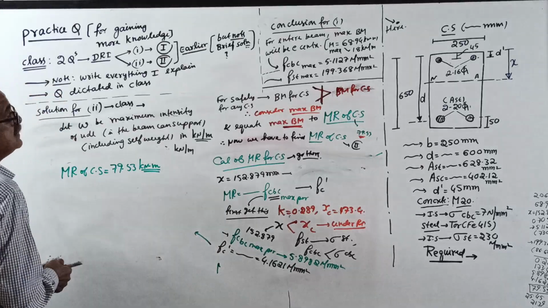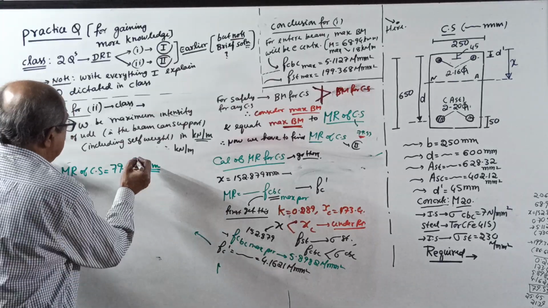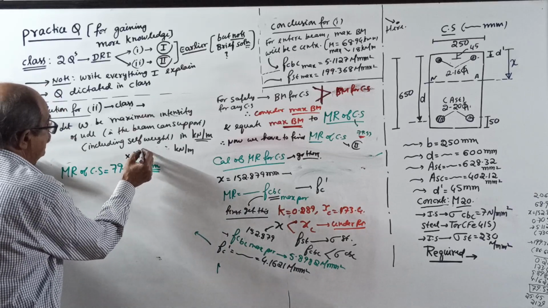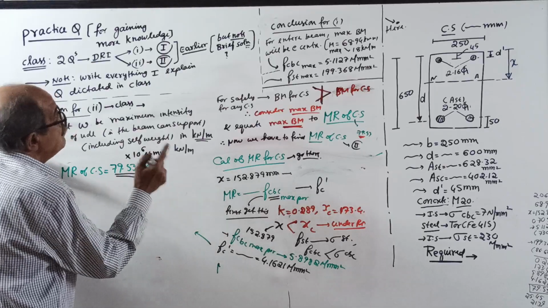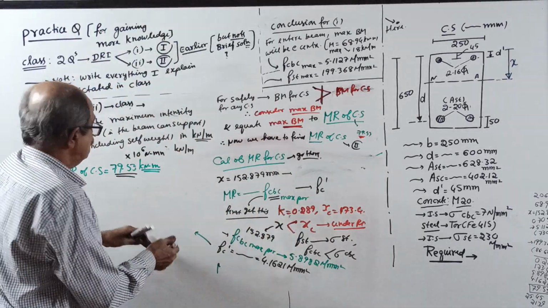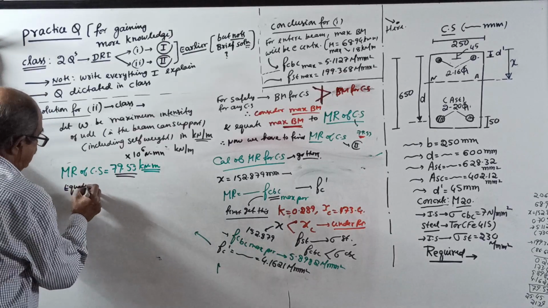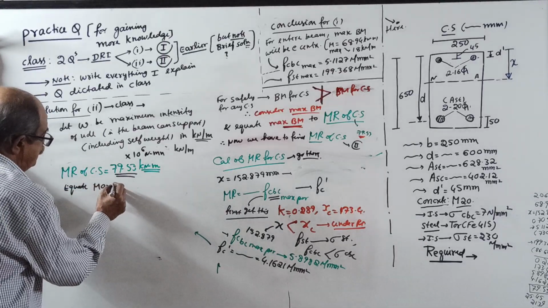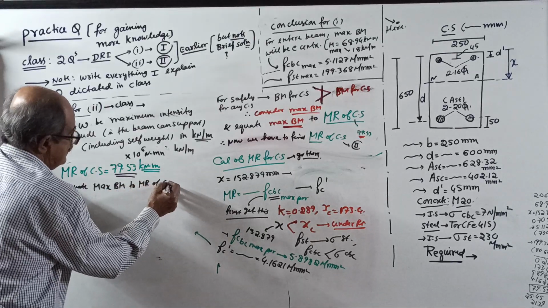MR will first come in 10 to the power 6 Newton millimeter, but we want kilonewton meter. Why? Because our bending moment is in terms of kilonewton meter. I rubbed it now. So now equate maximum BM to MR of the cross section.